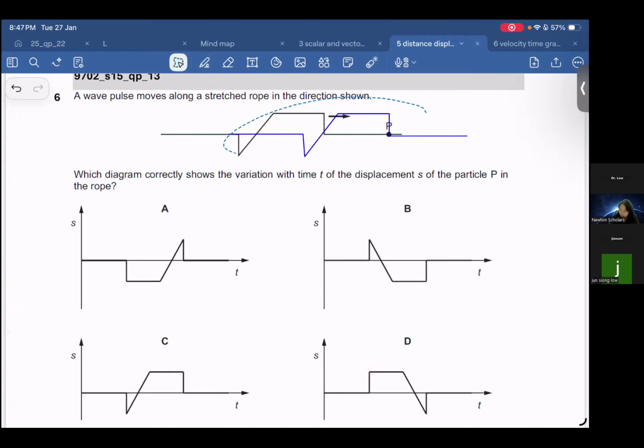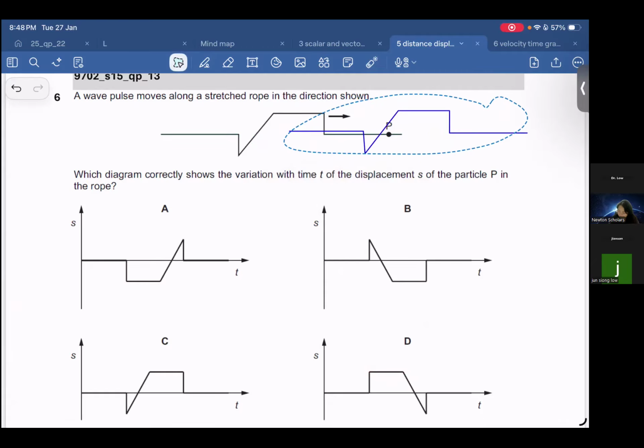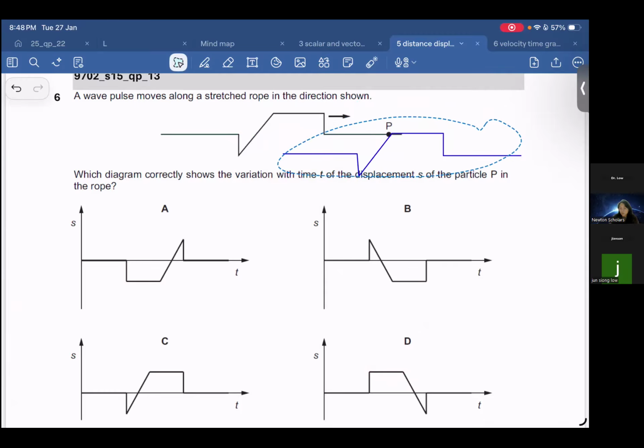After that, when it comes to here, what's going on with the pulse? The pulse will go down. So from the pulse at here, it goes down. It's because the motion is going to the point P, the motion is in this direction. But when we plot the graph, it's in the right direction as time increases.